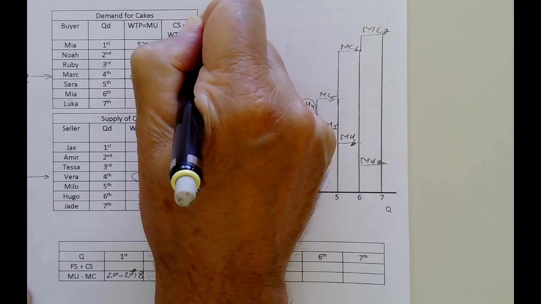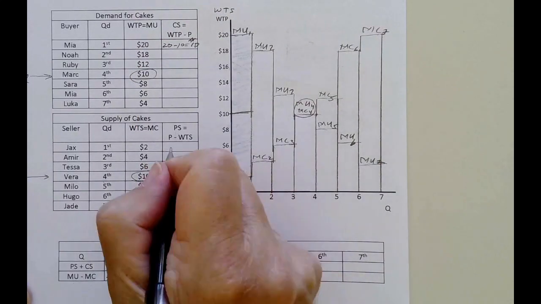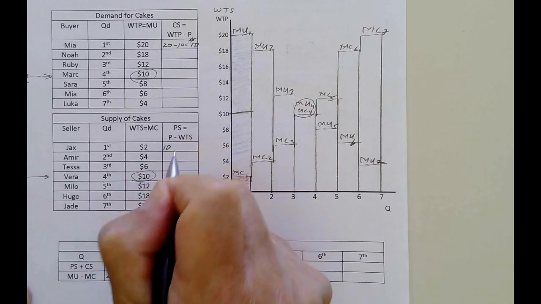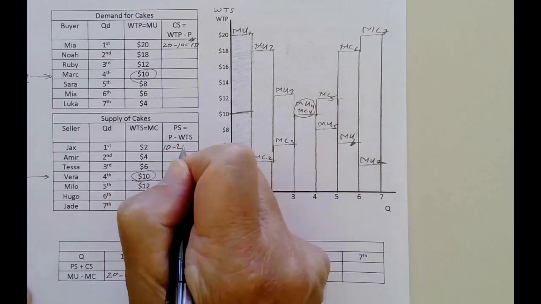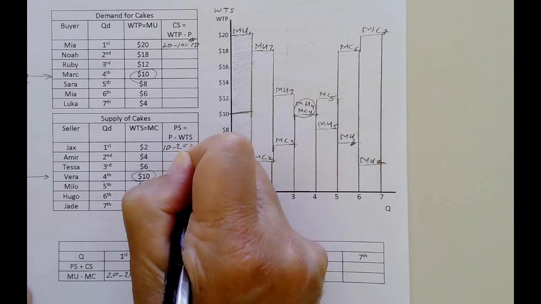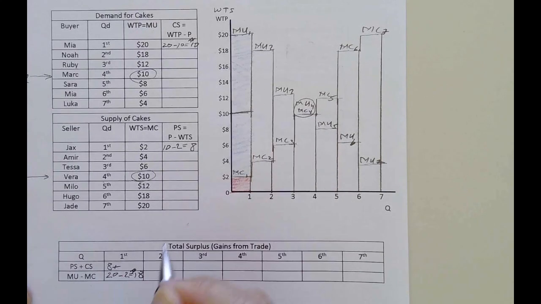And then the producer's surplus would be the $10 that the seller, Jax, gets, minus the $2 cost of baking the cake, and so Jax gets $8. And so together it would be $8 of producer surplus plus $10 of consumer surplus to get the same $18 of total surplus gains in trade.